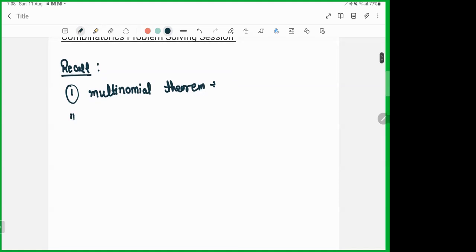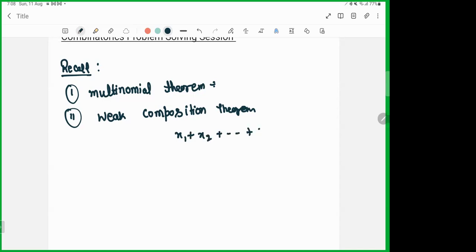And the second one is the weak composition theorem. You can help me in recalling. So what is the weak composition theorem? Suppose we have an equation in k variables whose sum is n, and each xi is greater than or equal to 0.